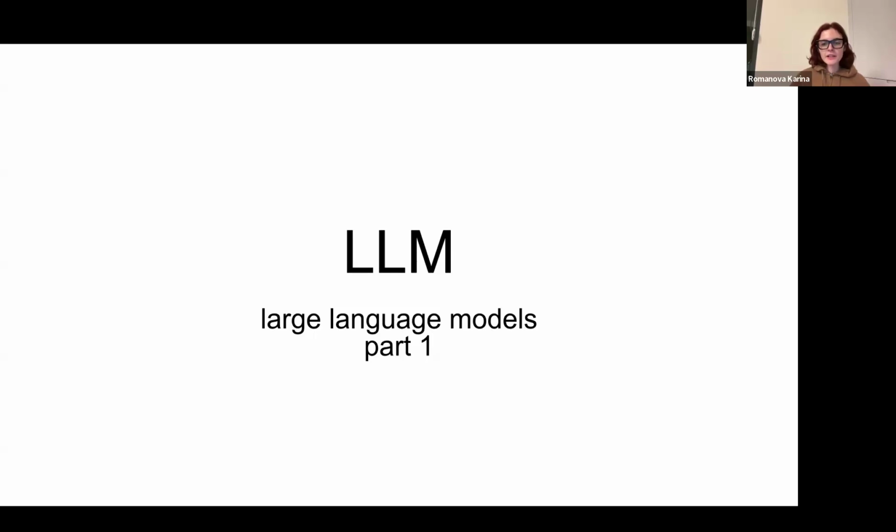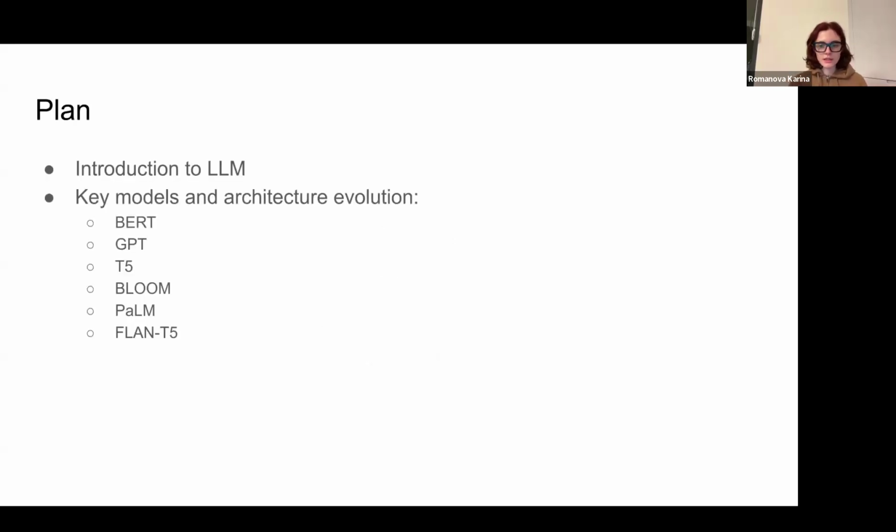So welcome to this lecture on large language models, also known as LLMs. This is part 1 of our deep dive into how these models work, their evaluation and their role in modern artificial intelligence.